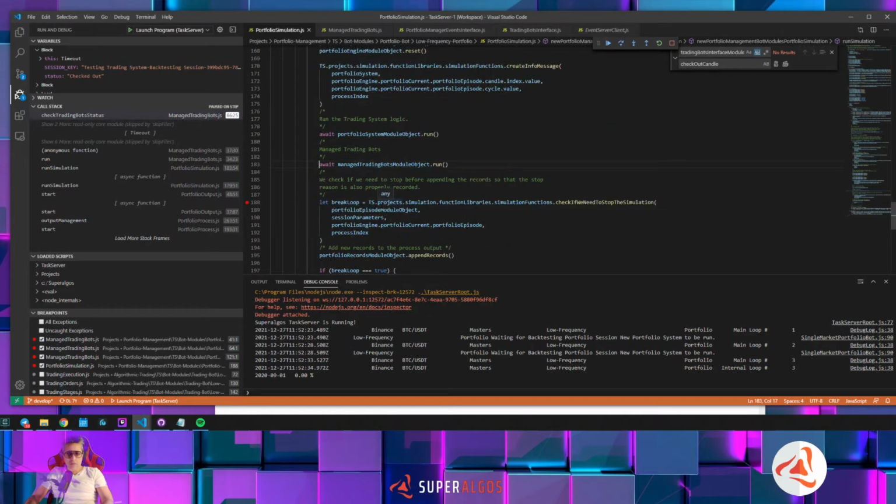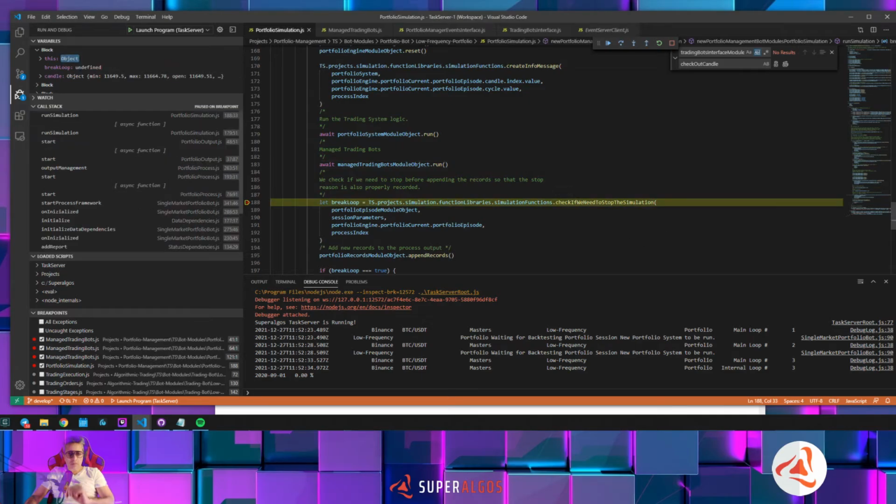Here. Perfect. So we got the check-in and we got the checkout. This unblocks the portfolio loop, so we can continue looping, and that is pretty awesome.